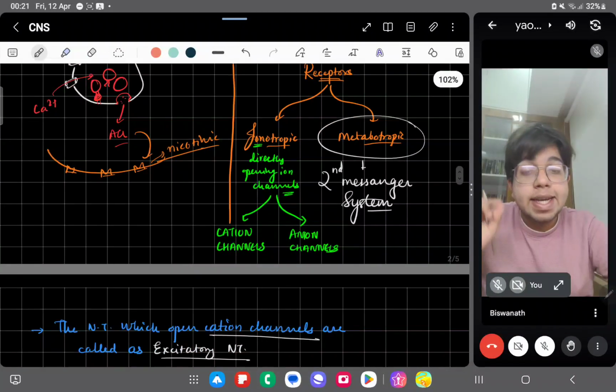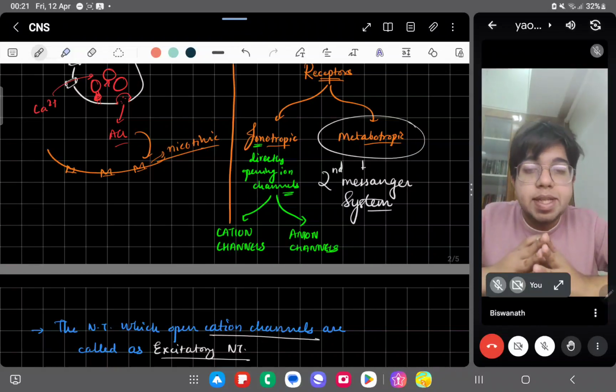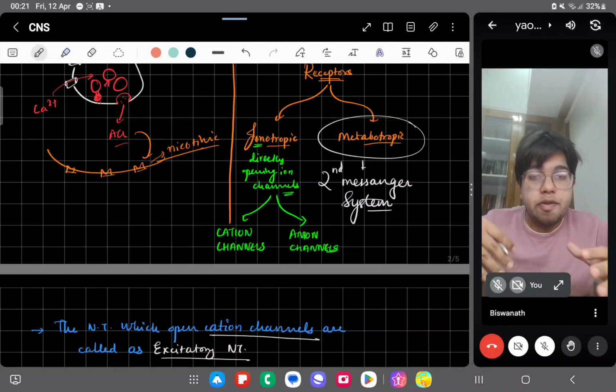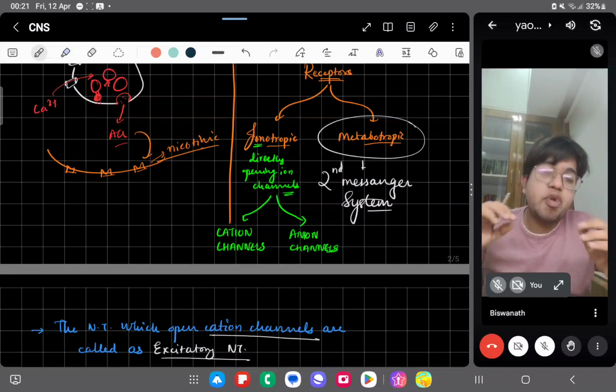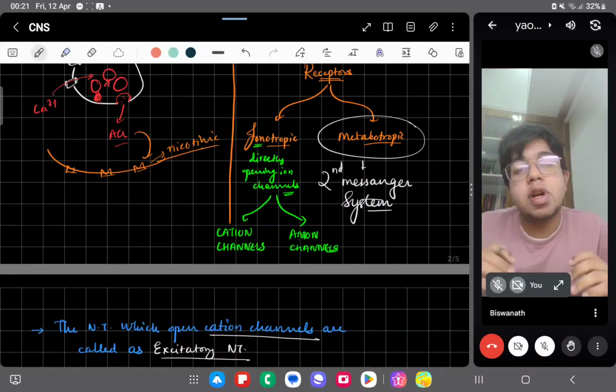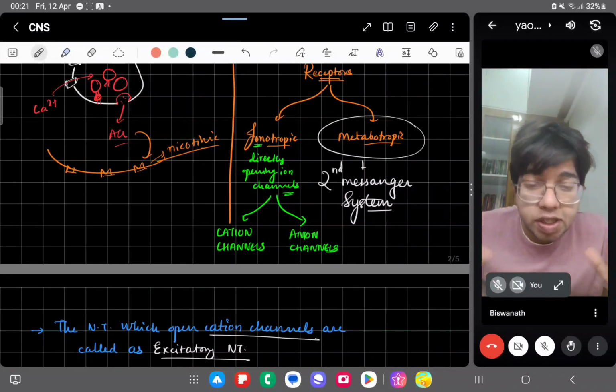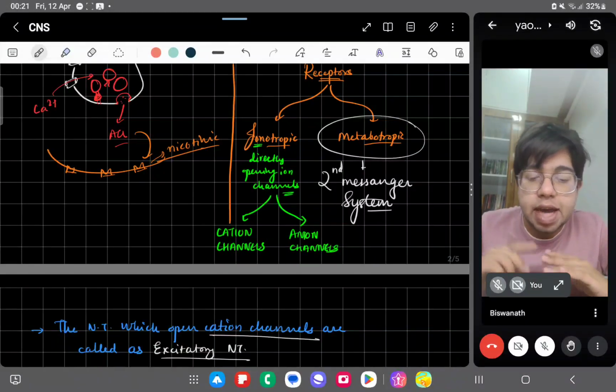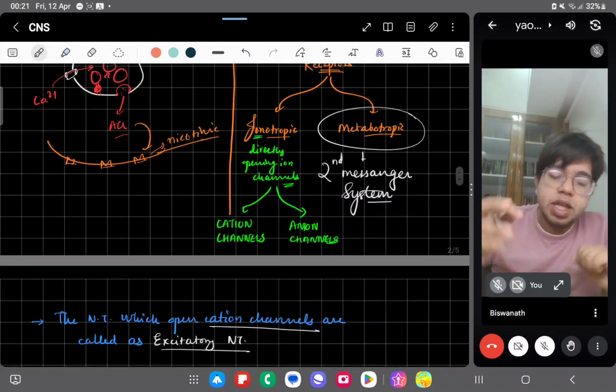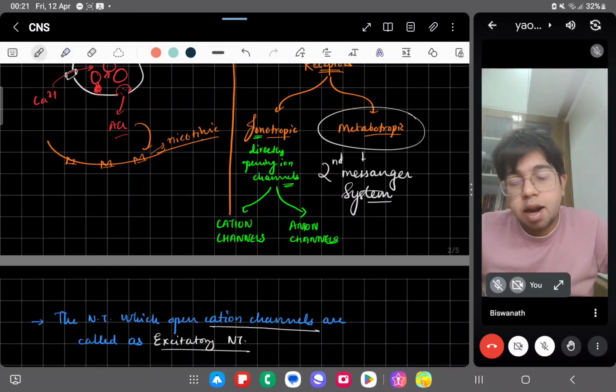They work by second messenger system. So second messenger system is basically a type of thing which is promoting prolonged postsynaptic neuronal excitation, which is impossible by your ion channels. Ion channels are short acting. Okay, they are opening the things and done.